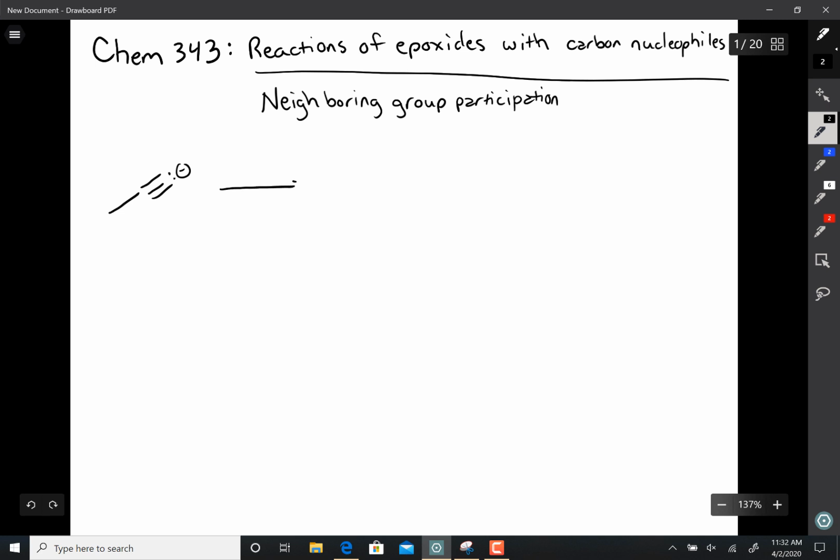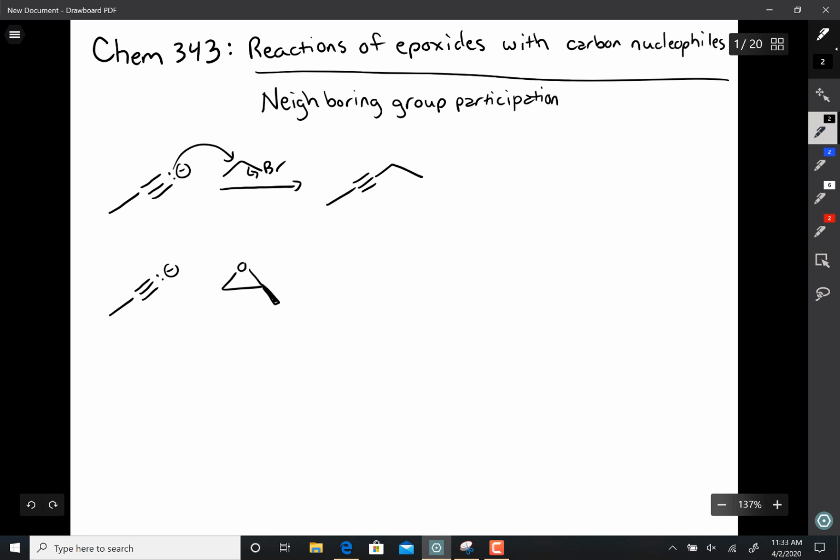And we've been using it to do SN2 reactions with alkyl halides. Now, what we are going to be doing is also reacting them with epoxides, because epoxides also are SN2 electrophiles.